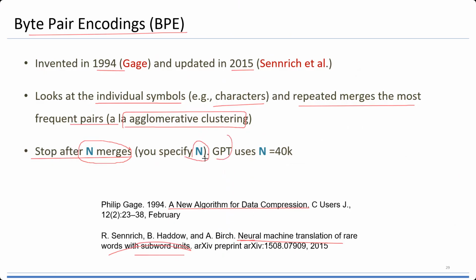So GPT uses n of 40k. 40k means there are 40,000 merges, so it means a vocabulary of around 40,000 tokens.